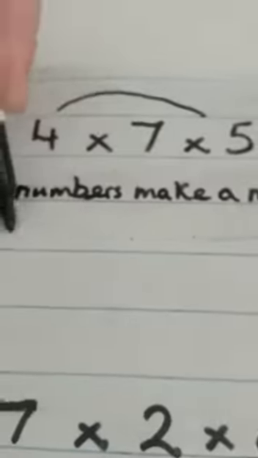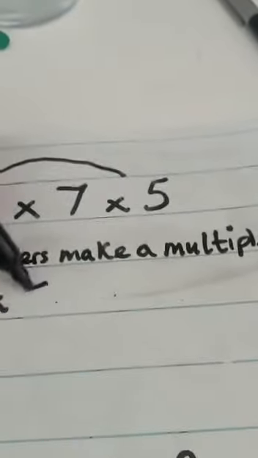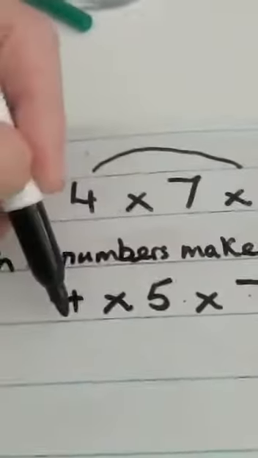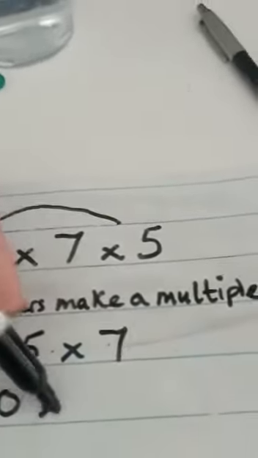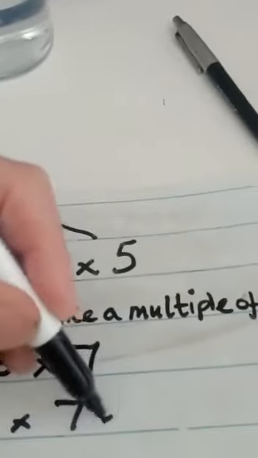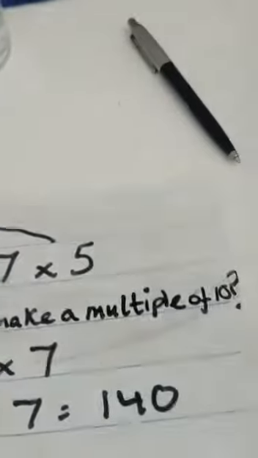So we could write it out, reorder it, 4 times 5 times 7. So 4 times 5 is 20. Times it by 7. Easy. It's 140. Okay.